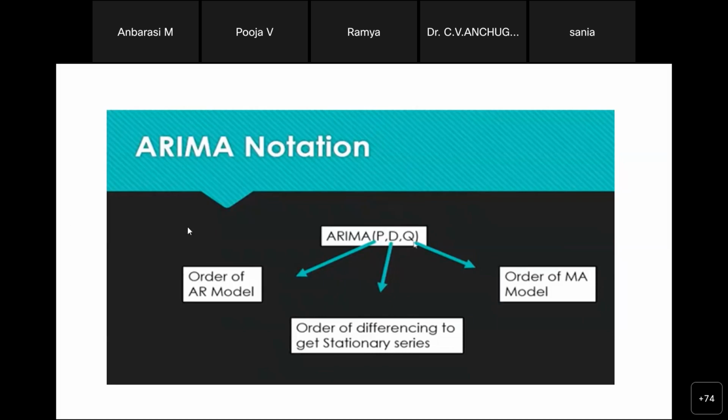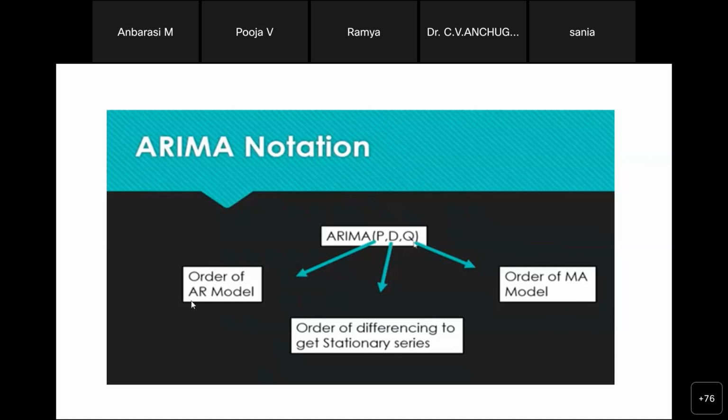The ARMA model has 2 arguments, P and Q, but the ARIMA model has 3 arguments: P, D, Q. We have already seen how to calculate the order of AR and the order of MA. To calculate the order of MA, we will use the partial autocorrelation function.